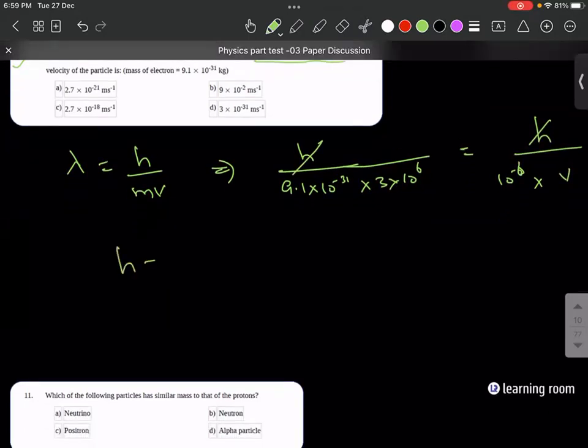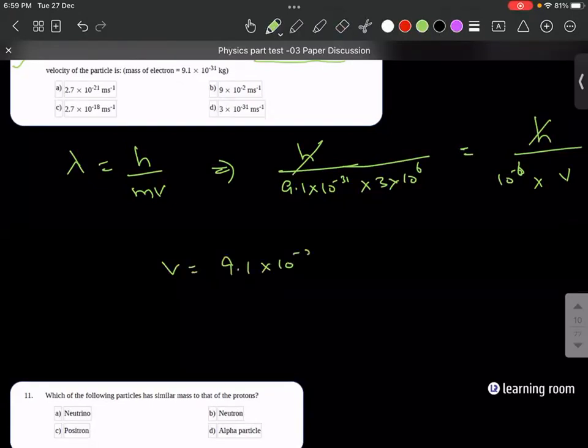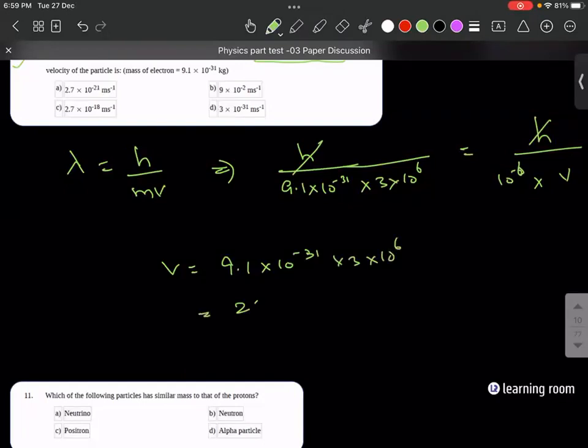The answer will be v is equal to 9.1 into 10 power minus 31 into 3 into 10 power 6. So how much is that? 27.3 into 10 power minus 20. 31 minus 6, how much are we going to get?